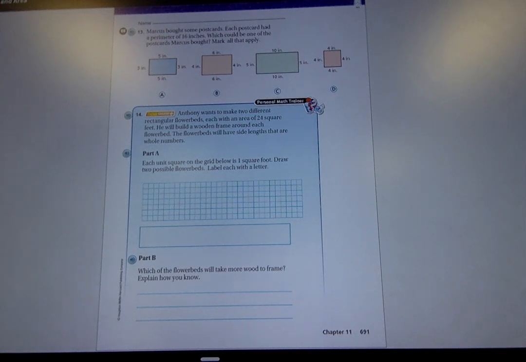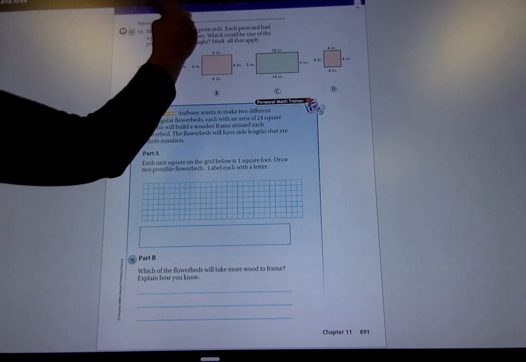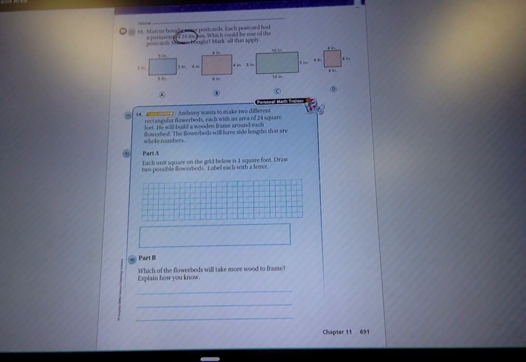Each postcard had a perimeter, that's the outside edge, of 16 inches, which could be one of the postcards that Marcus bought. Mark all of them that apply. There are 2. Remember perimeter, we're adding the outside edges and it has to come to 16 for our total.